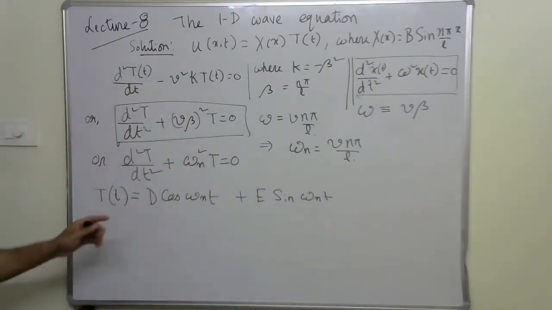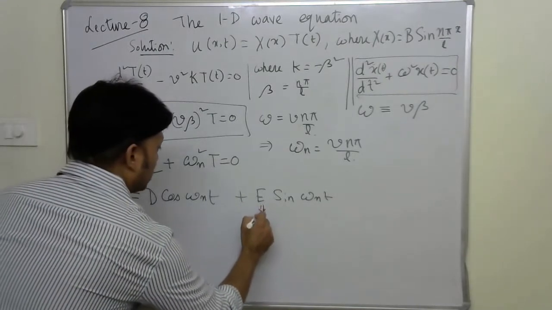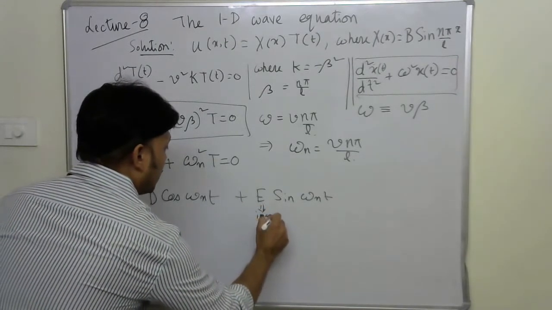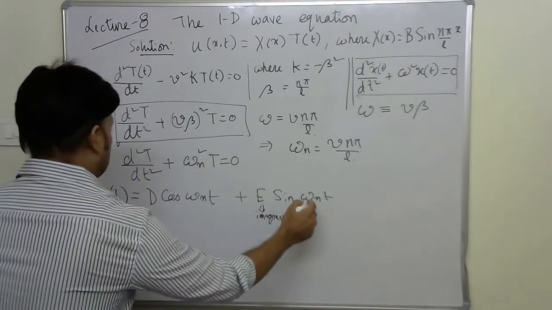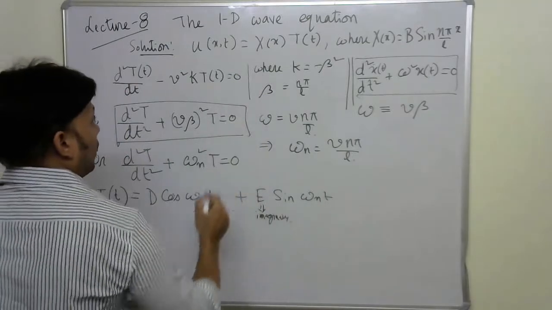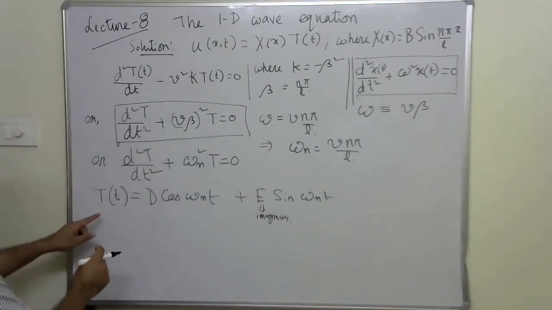Alright, so hopefully you can now recognize this equation that you have already seen before. So of course this constant E contains the imaginary part. So this is now our T. So we have already got our X and now this is our answer for T.